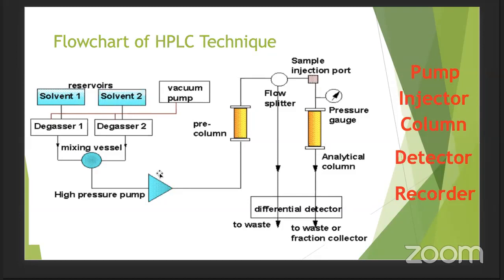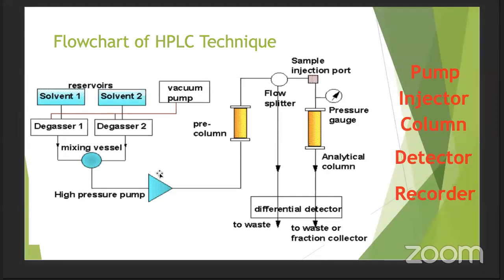Generally, we use a flow rate of 1 ml per minute, and this is how a better separation is done. So basically, a constant flow rate pump gives a better separation compared to a constant pressure pump, because in a constant pressure pump the flow rate is not constant, only the pressure is constant, and thus due to changes in flow rate the separation gets hindered and effective separation is not achieved.